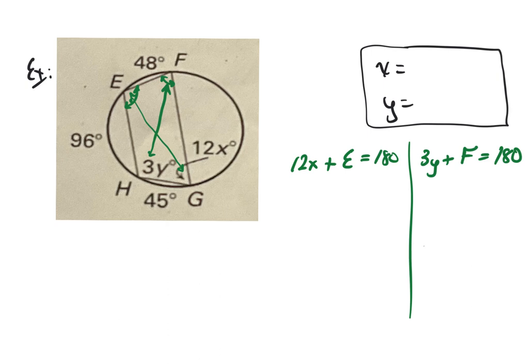Okay, and I'm going to choose some bright colors here to help out. I'm going to ask you to first focus at F. Angle F is formed by the chord from F to E, and then the chord from F to G. And what I need you to notice is that the arc that those two chords intercept go from E through H around to G. And since F is on the circle, F is inscribed, which means it's going to be half the arc.